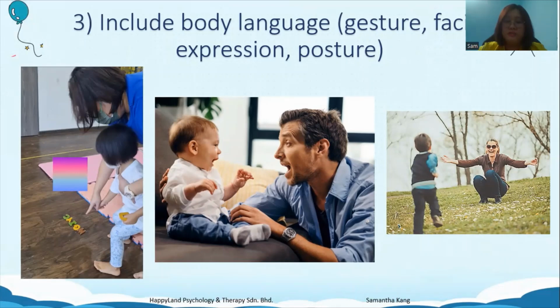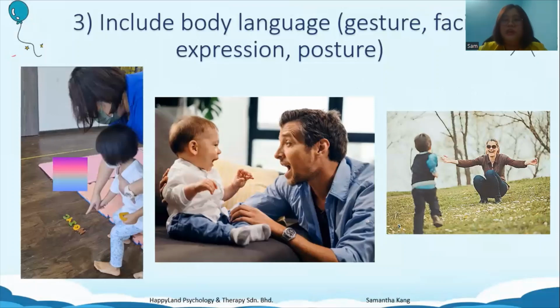For example, when you are responding to them, maybe the child pays more attention to you when you are doing exaggerated movements or exaggerated reactions. So if you're able to get their attention, they are more willing to interact with you. If you are doing a little bit extra, okay, you can go ahead with it.